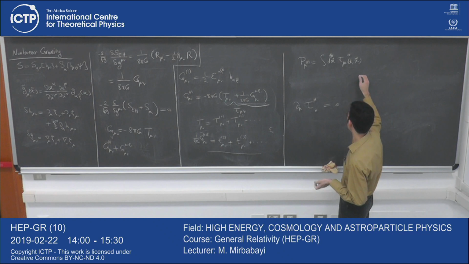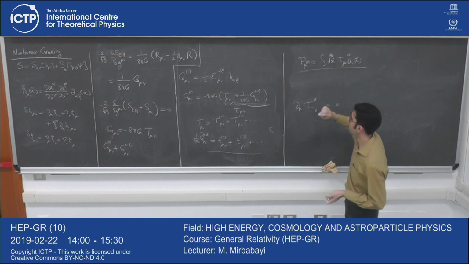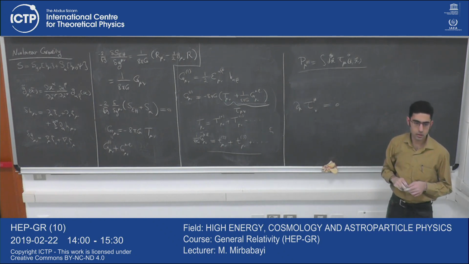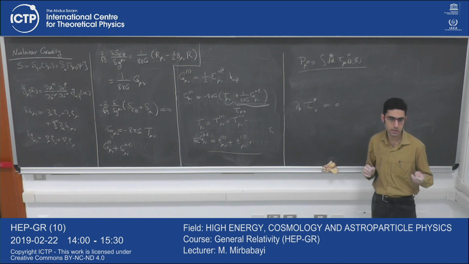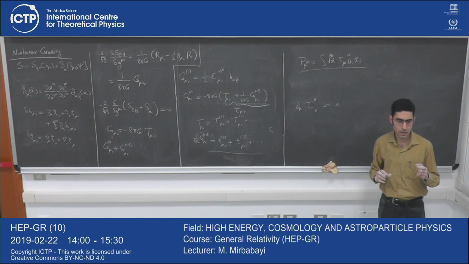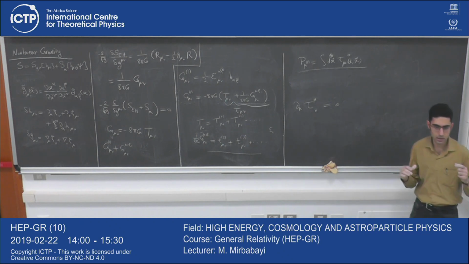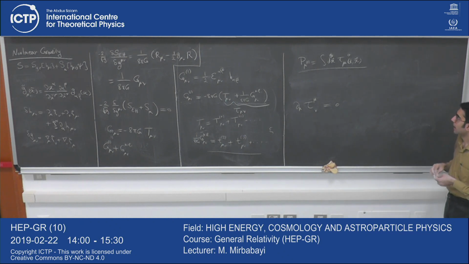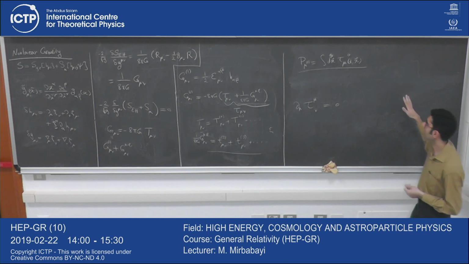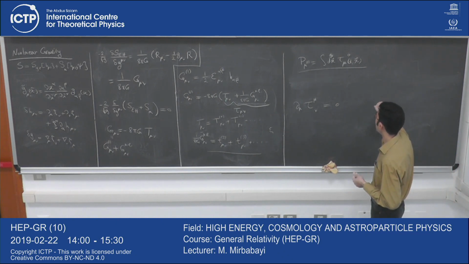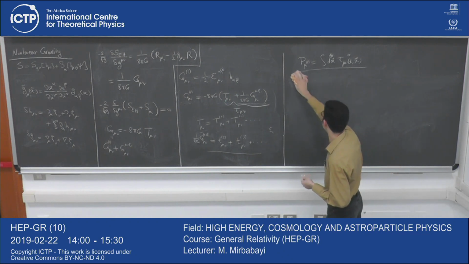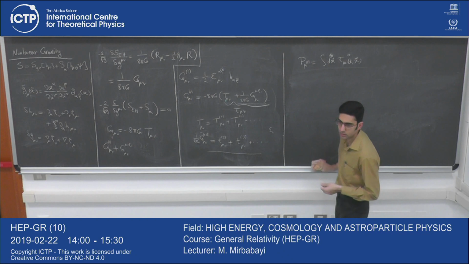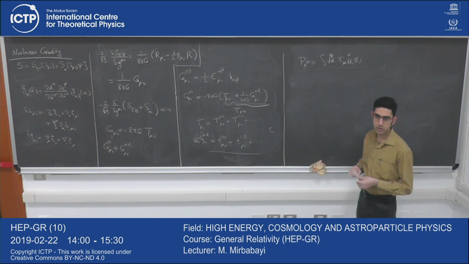Now, then the question is: is this expression well defined? Is it unambiguous? Because if it's going to depend on what choice we are making for the coordinate systems that we are using, it will be kind of useless. So again, I don't go too much into the details, but there is a relatively simple way to understand why it is well defined.